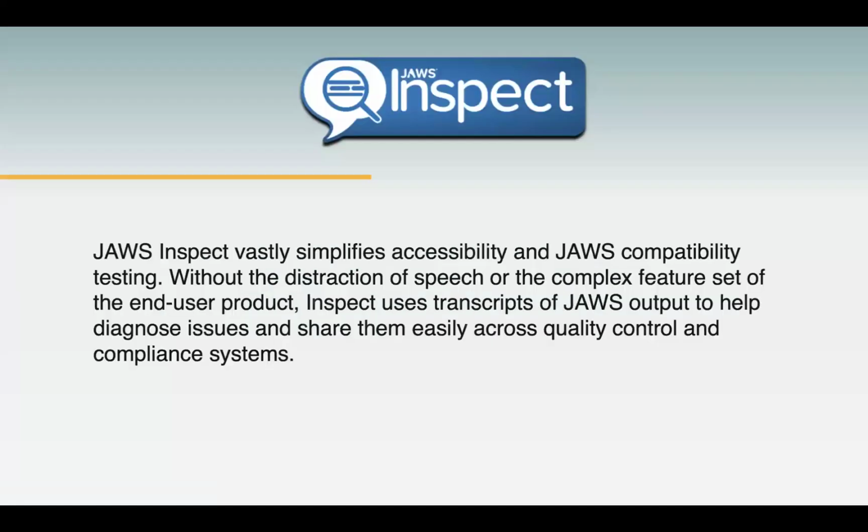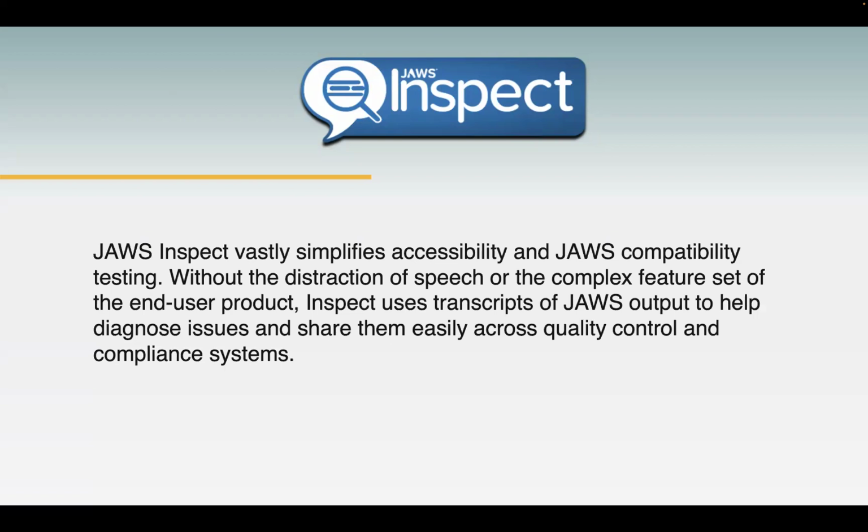At the end of the day, the ultimate arbiter of accessibility is going to be how usable it is with your assistive technology. So JAWS is obviously the screen reader that's being used around the world by thousands of users. JAWS Inspect, which is a product that we brought out in about 2017, vastly simplifies accessibility and JAWS compatibility testing. So it's really aimed not at the end users who use JAWS day by day to access the web, access their work, etc. JAWS Inspect is aimed specifically at people who want to test compatibility with JAWS, want to test AT.